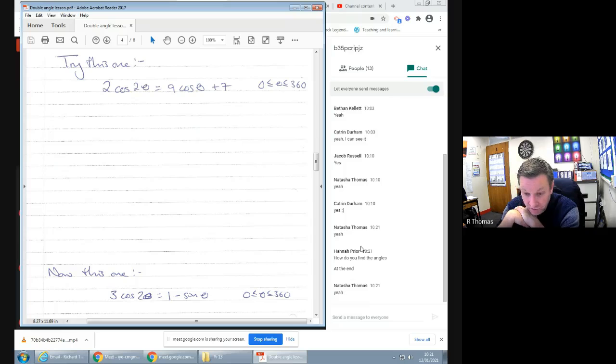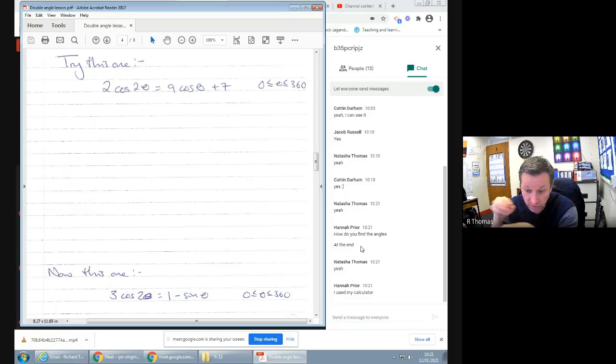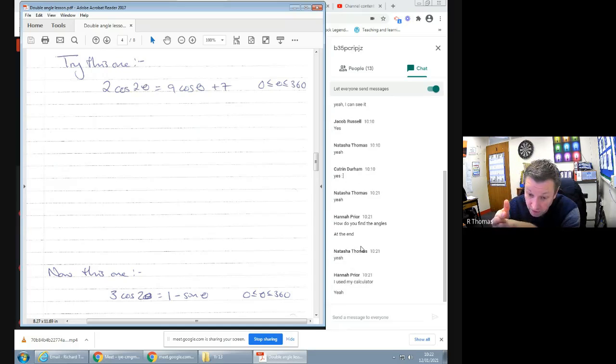So you put that equal to 0. That plus 3 would go over as a minus 3. The 4 would come over as a divide. So you would press inverse cos, shift cos, whatever your button is, and then in brackets minus 3 over 4. That'll give you the one solution. And then you either use your CAST diagrams or your graphs. You know I like to use graphs to work out the other solution.